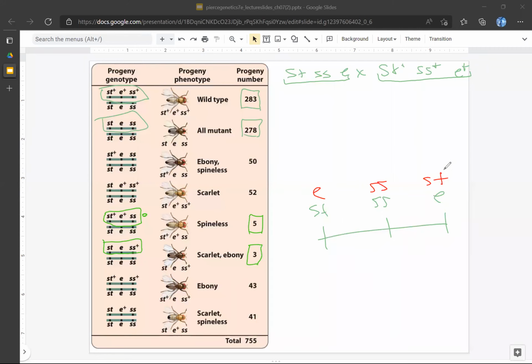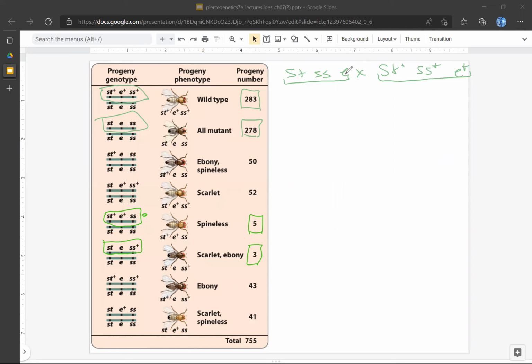It doesn't really matter right now because we don't have other genes on the other side to anchor ST. So for now, knowing that SS is in the middle is what's important, and I should not have drawn that right where I need to write the rest of my stuff. Okay, and we also want to change the color.